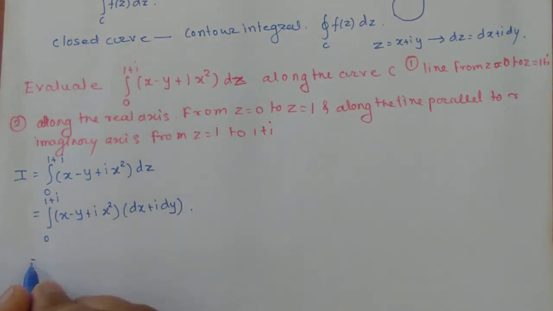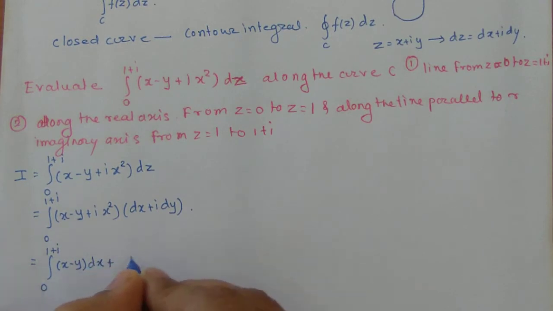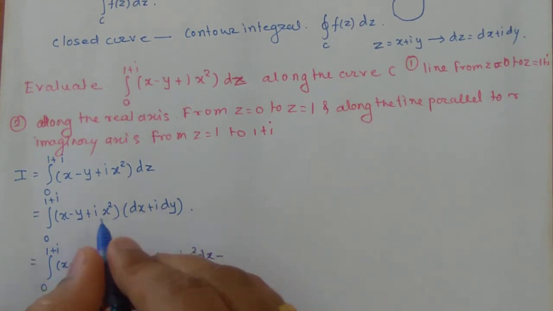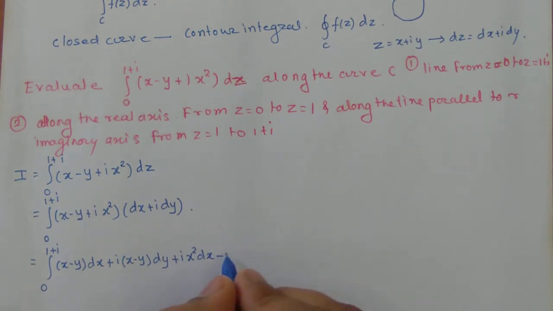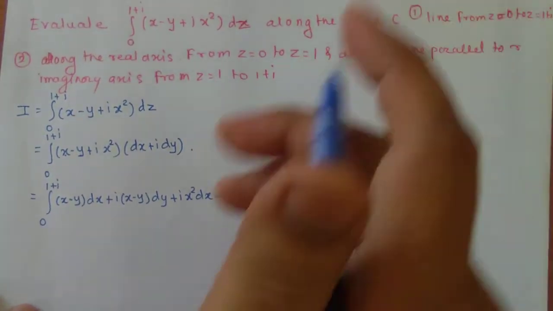Now, this is equal to the integration from 0 to 1 plus i. We multiply: (x minus y) into dx plus i times (x minus y) into dy plus i times x square dx. i into i becomes i square, that is minus 1, so minus x square dx. So this is how we separated it into real and imaginary parts.